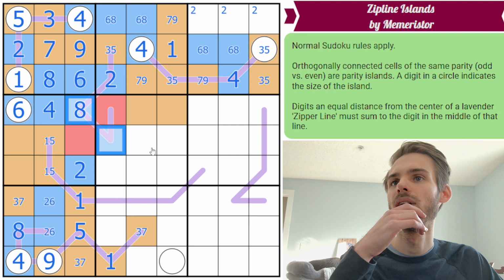These are even. These are odd. And we know that the even digit over here is now a 2 because all the other even digits are in the row, which makes it a little bit easier to pencil mark. So this is going to be a 6 because 6 and 2 add to 8. That's going to be an 8. That's a 6. This is a 3, 5 pair in the column, meaning that down here we have 4, 7, and 9.